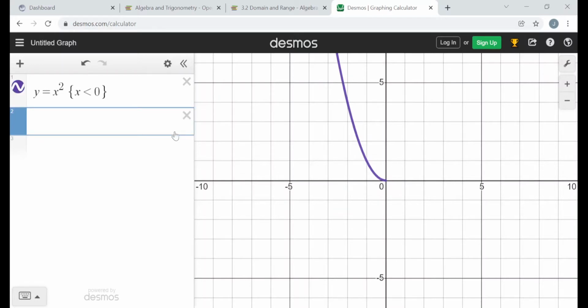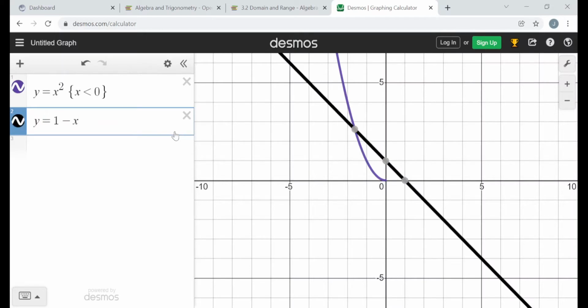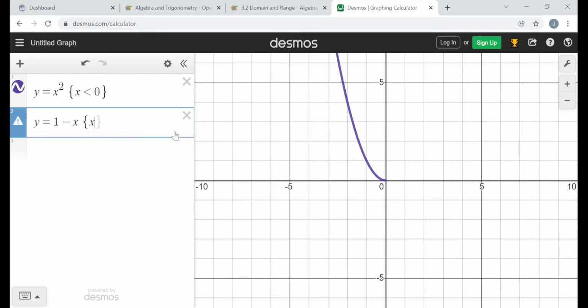And the other piece was y equals 1 minus x. Again, don't leave the entire graph up. Don't draw the whole thing, because that's not a function. It doesn't pass the vertical line test. I just want the part of it where x is greater than 0. And there it is.